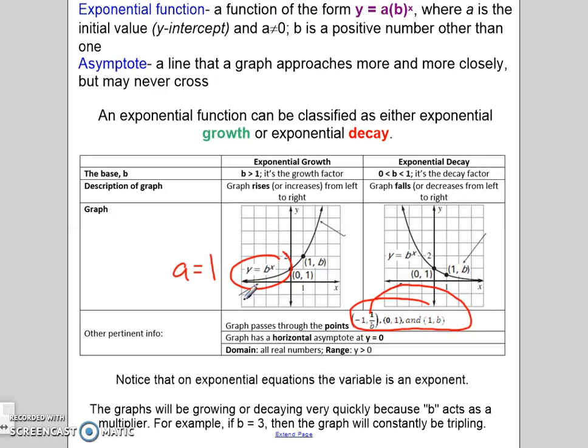So for these graphs particularly, the range is y greater than 0. When you look at the inequality, notice I didn't put the equal bar. That's because y is never allowed to be 0 because it's never allowed to touch the x-axis. But we know that it's allowed to get close, so that's why we just say greater than.